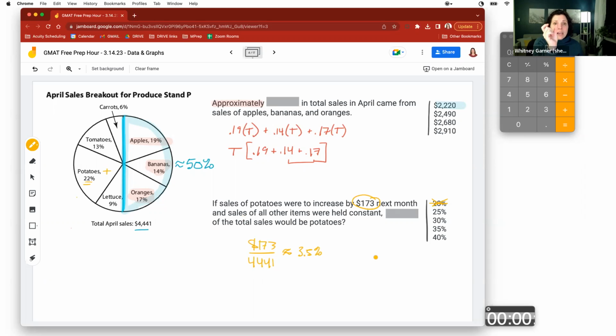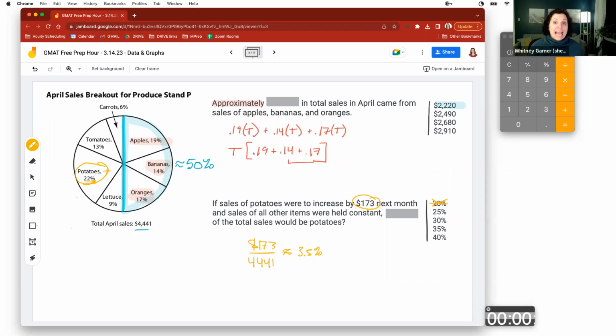So I'm adding an amount of money that's really only valued at about 3-ish% to potatoes' value that's currently at 22%. And this number would go down a tiny bit because this original 22% amount is now over a bigger total.